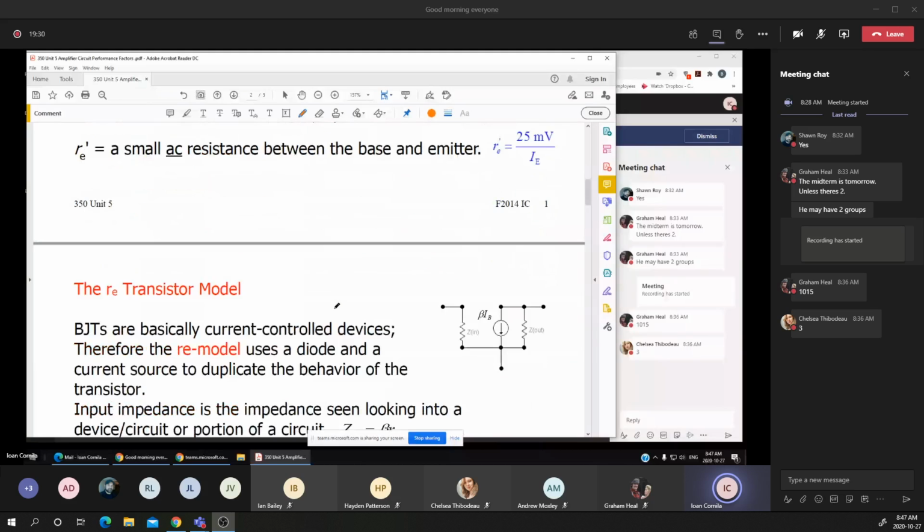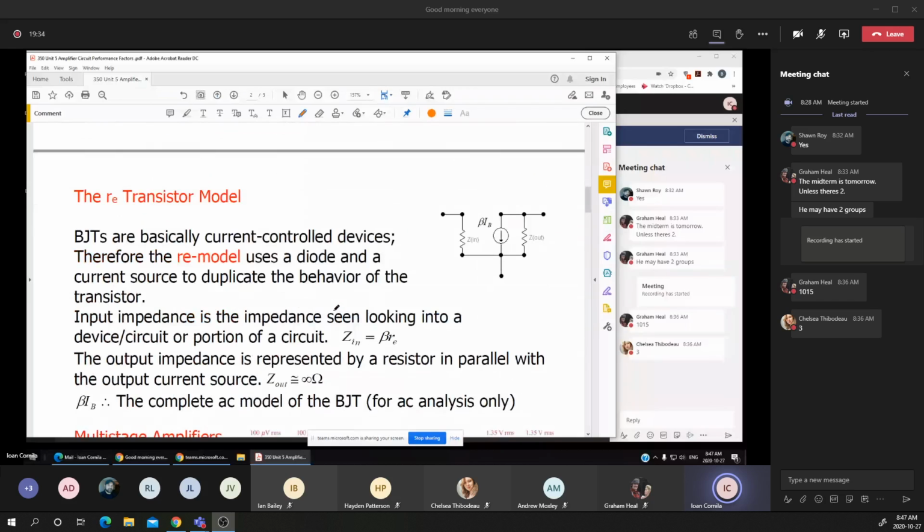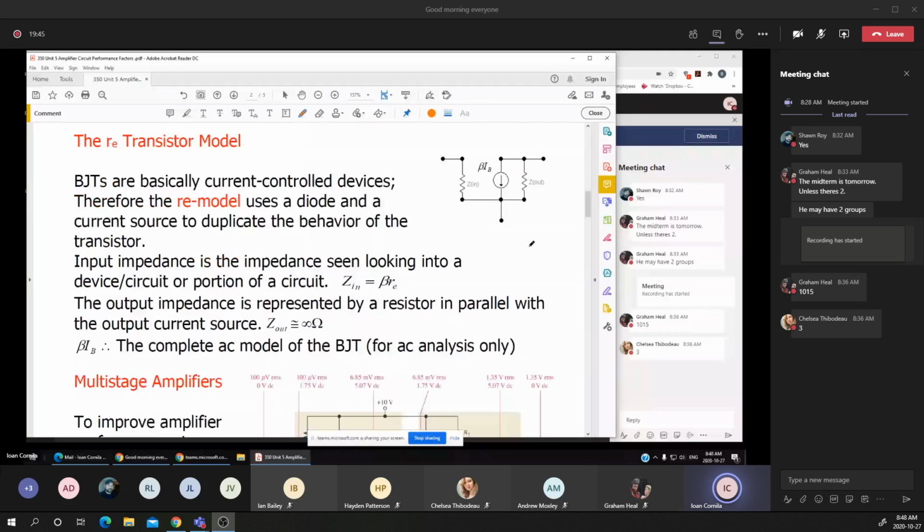Now I have to make the re model, or how we can have the model of the transistor for the AC analysis. Okay, if you remember, we talked about the current sources in ELE350. Now I can replace the transistor to be analyzed in AC, which is more complicated than DC.